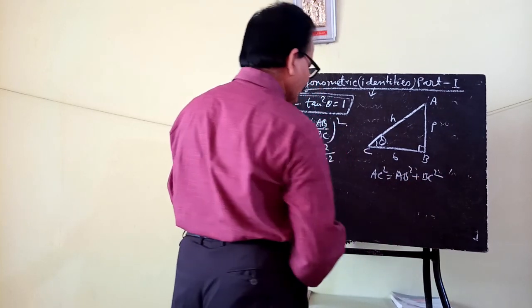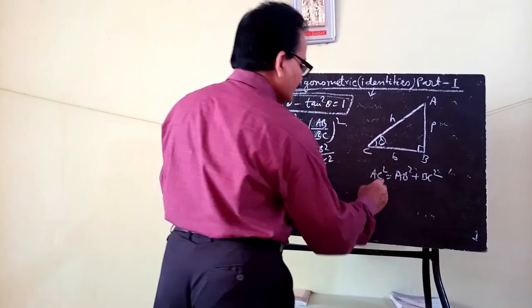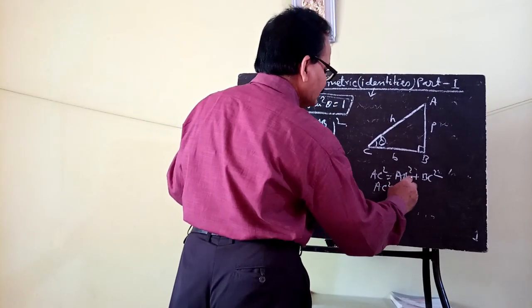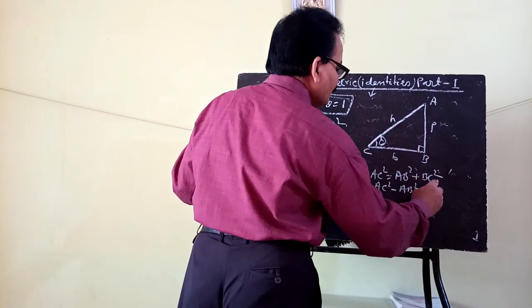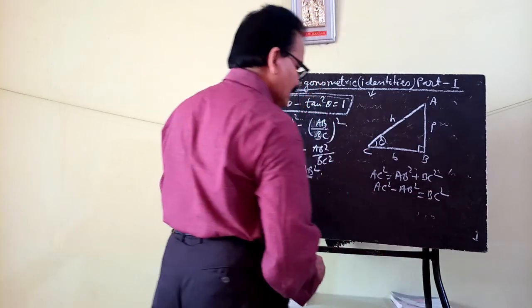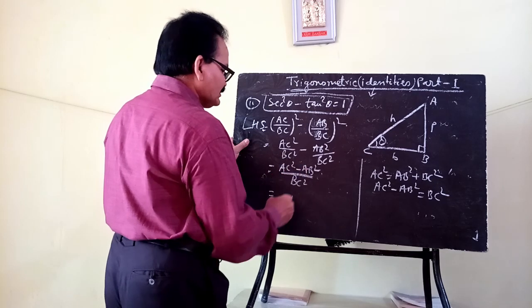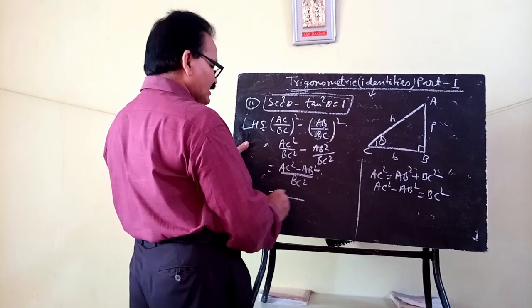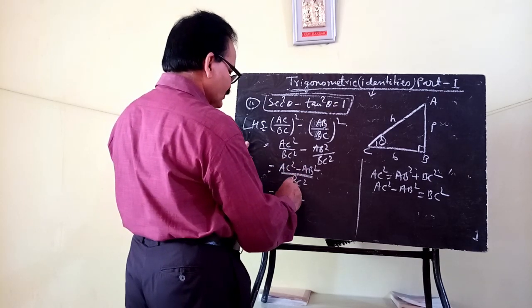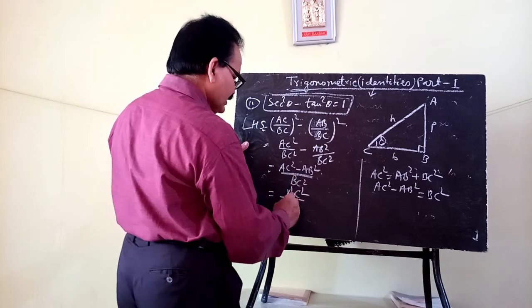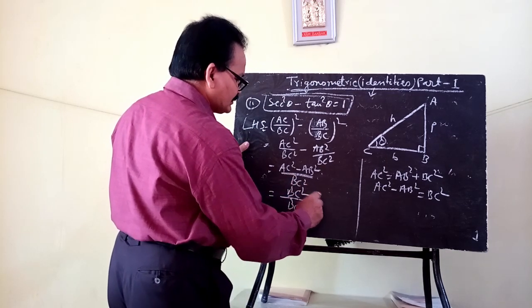So that means if we take AB square on the left side, then only BC square will remain on the right side by Pythagoras theorem. So here you can substitute AC square minus AB square as BC square, and in the denominator it is also BC square.